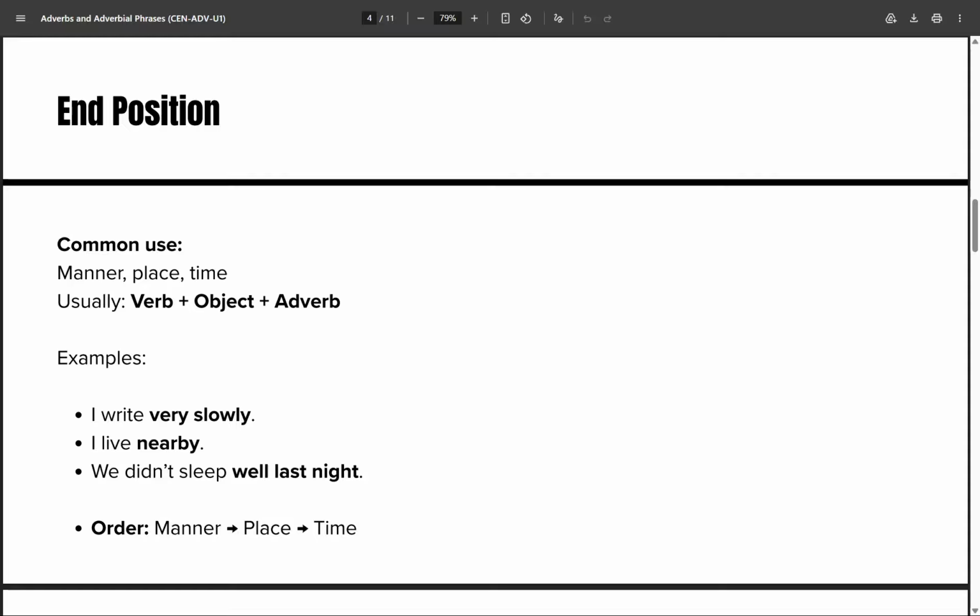So if you have two of them, what are you going to do? Well, the acceptable order is manner first, place second, and time third. So if you have manner, you put it first. If you have place, you put it after that. And if you have time, you put it at the very end. Okay, so that's it. Let's move on.